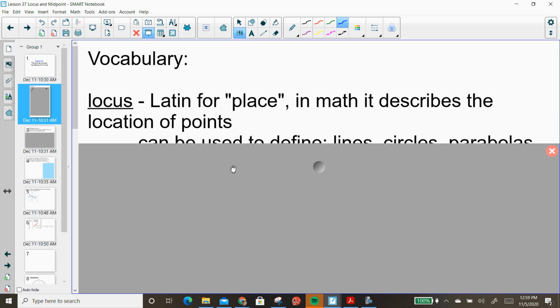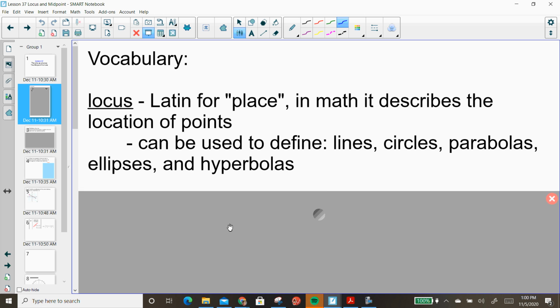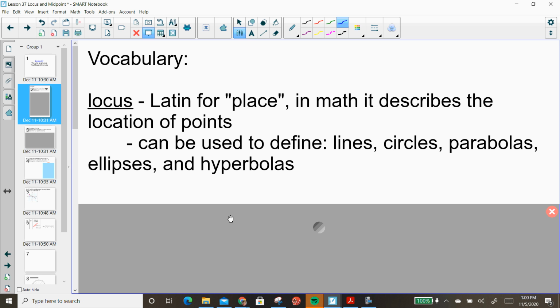So locus is the Latin word for place. And in math, we use it to describe all kinds of things. We describe how far away one type of shape is from some other geometric figure. So you've actually already done quite a few of these. You just didn't know that you had done them before.